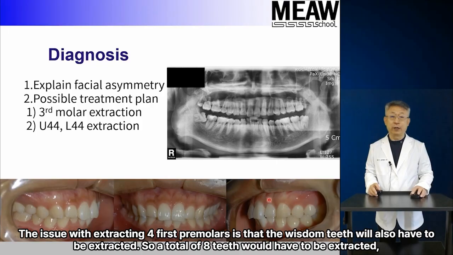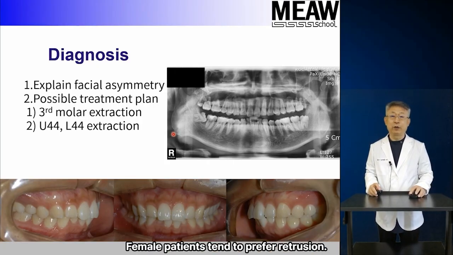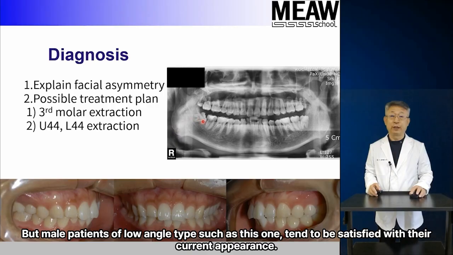So a total of 8 teeth would have to be extracted, and excessive space may be created after extraction. Moreover, the mouth may further retrude. Female patients tend to prefer retrusion, but male patients of low angle type such as this one tend to be satisfied with their current appearance.